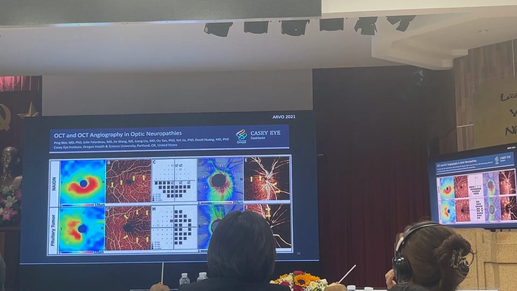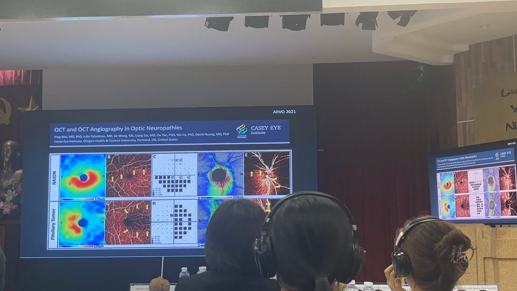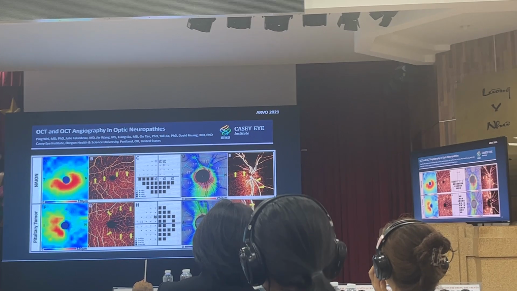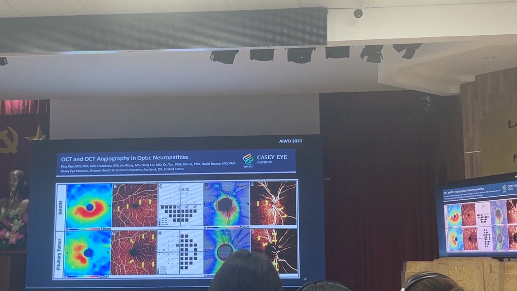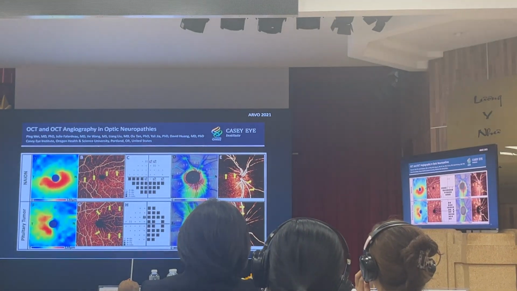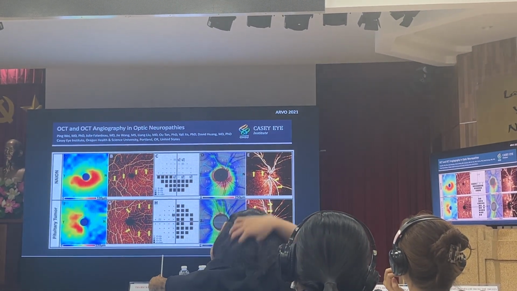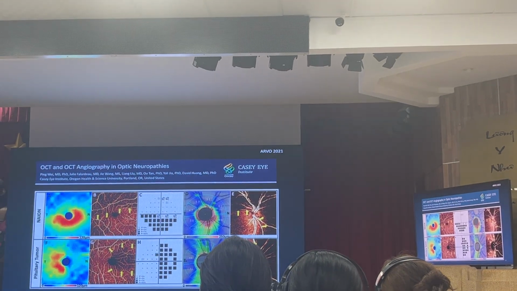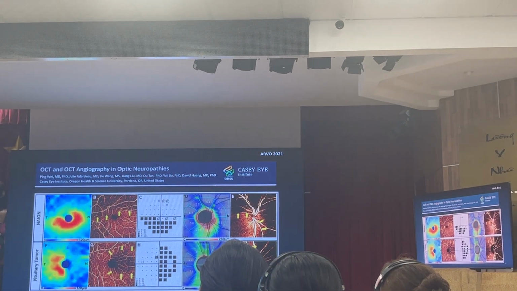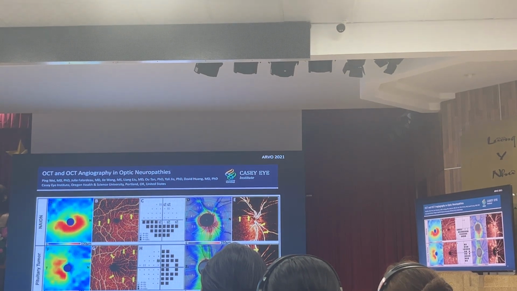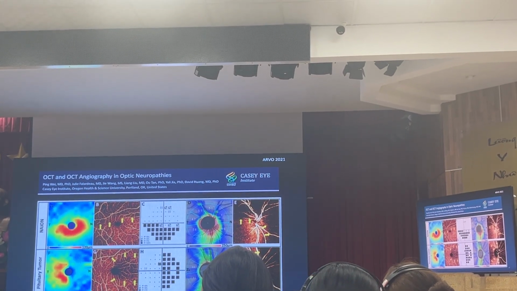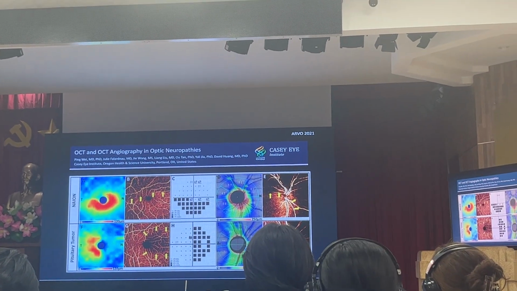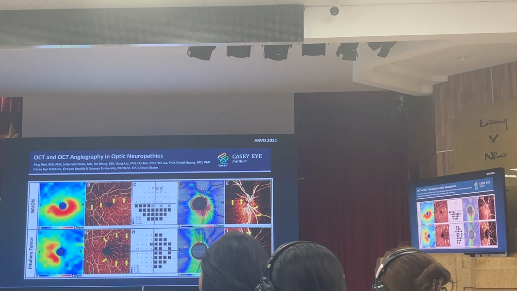And this is a tumor of the hypophysis, of the pituitary gland, showing the vertical orientation of loss of vessel density, very similar to the features we saw on the structure OCT. So we could apply this OCTA examination also on suspect patients where we are not quite sure with structure OCT. We use the OCTA, and as I've said, we have the Angioplex OCT from Zeiss, which is a very good device we can use on these patients.